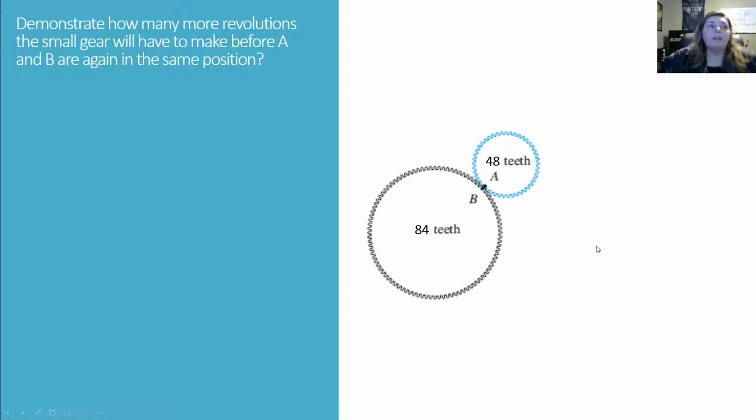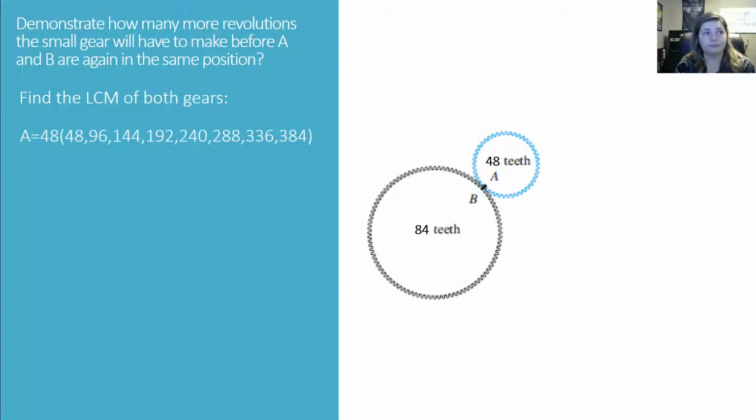So here we're going to do an equation, and we want to demonstrate how many more revolutions the small gear, the one here with 48 teeth versus the 84 teeth, the small blue gear, will have to make before A and B are in the same position again. So we want to find the least common multiple of both gears.